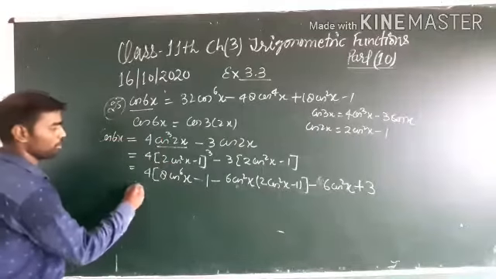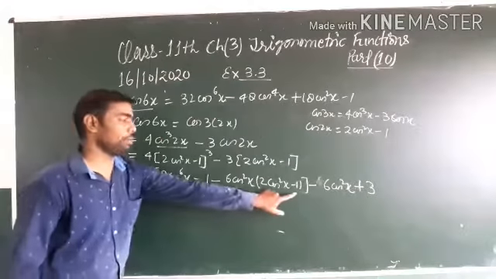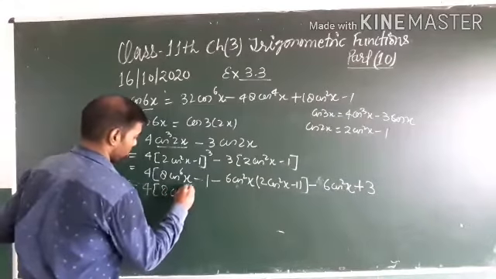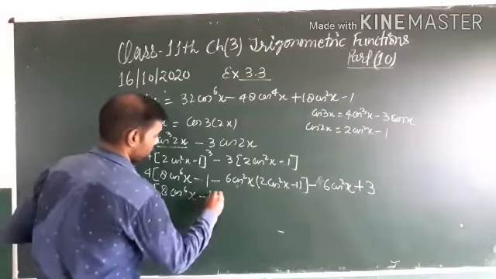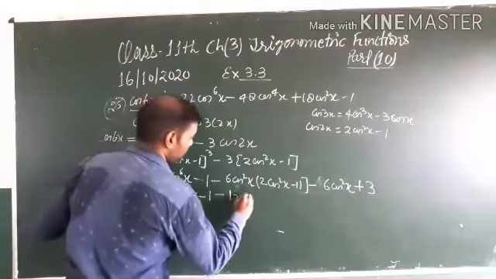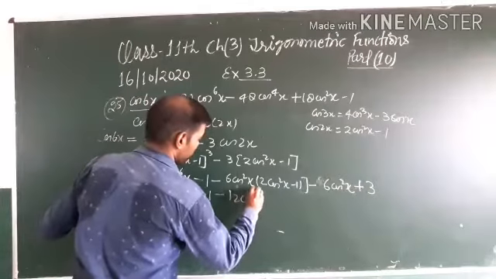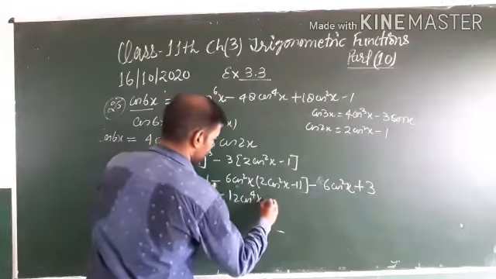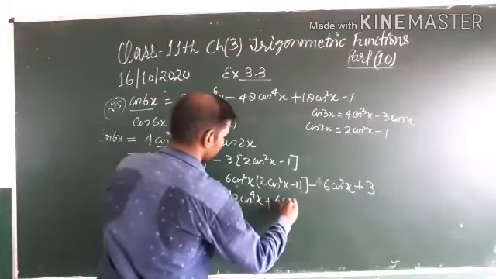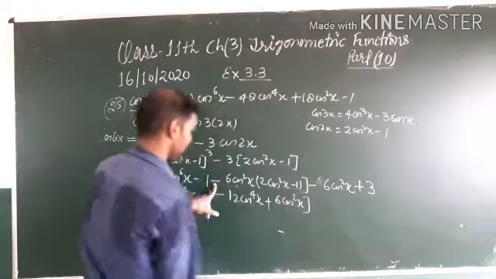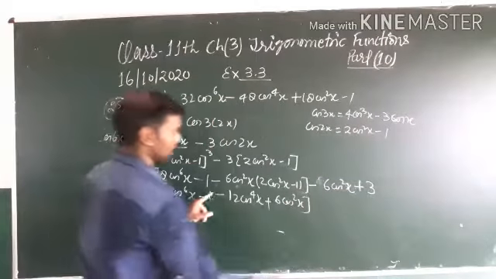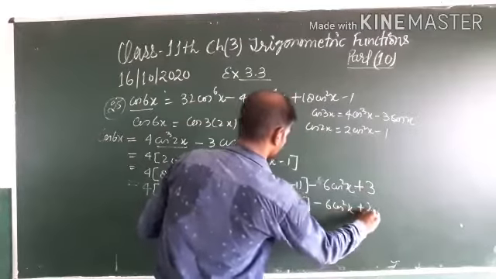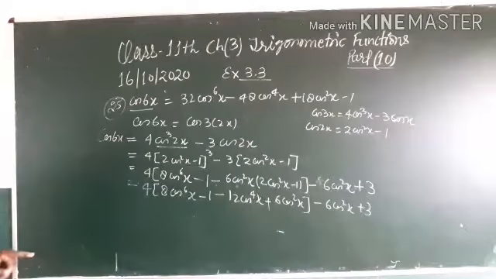Now we open this bracket. What do we get? We get 8 cos 6x minus 1 minus 12 cos to the power 4 of x, and minus into minus, that is plus 6 cos square x, and this is minus 6 cos square x plus 3.